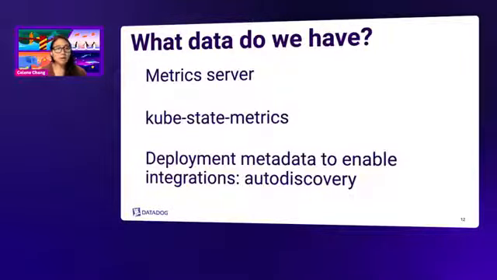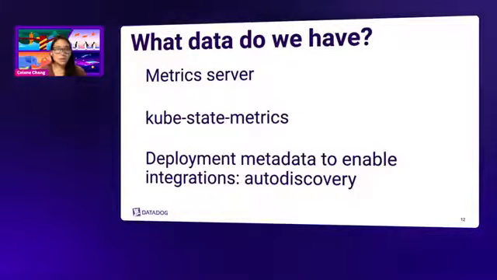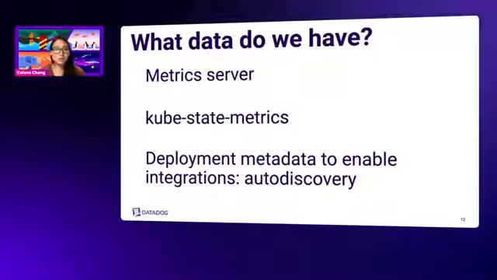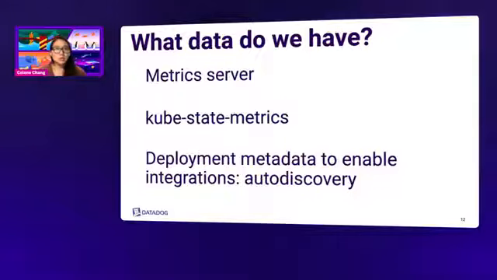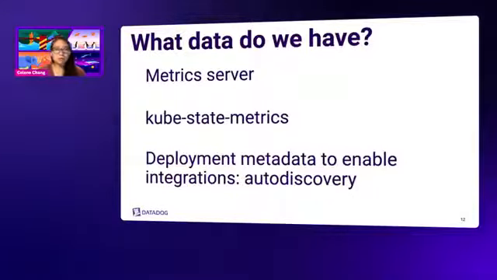And so we can get data from these components in a few different ways. Kubernetes provides two services as add-ons, the metrics server and kube-state metrics. The metrics server provides aggregated resource data that's provided by the kubelet. And kube-state metrics provides more detailed information about your resources available from the API server, such as your pods, your nodes, your deployments, and so on.